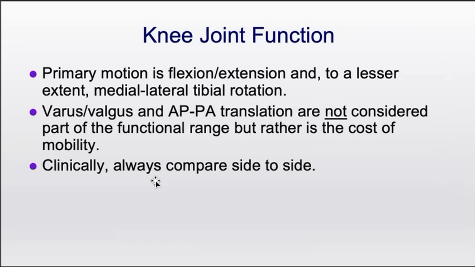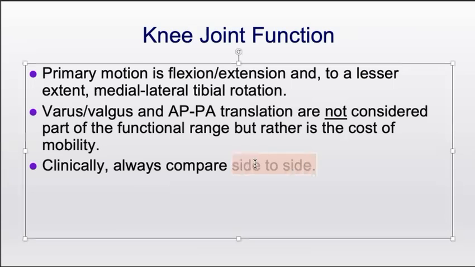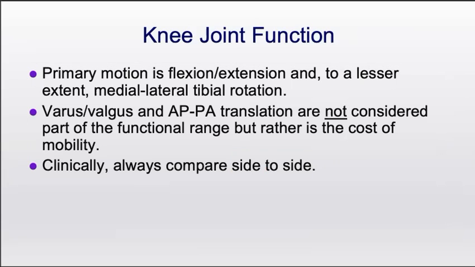Okay. The nice thing about when you are assessing any sort of peripheral joint, whether it be the wrist, the knee, the elbow, the shoulder, you've got two, right? For the most part, you can compare side to side. So you can always compare left to right. And if you're concerned that there's laxity in one side, you can always compare the opposite side.